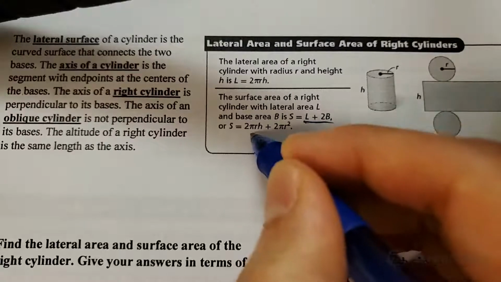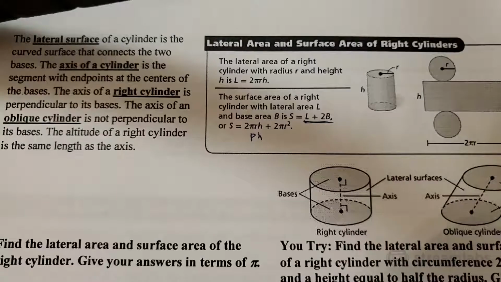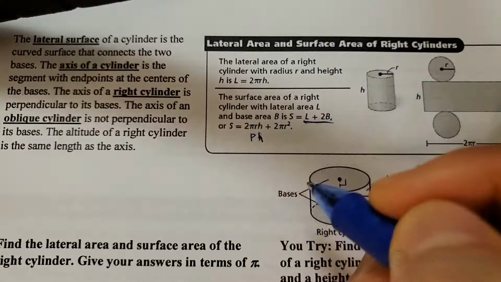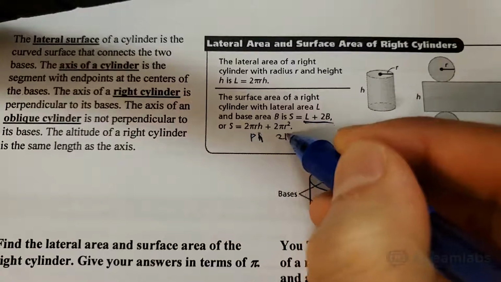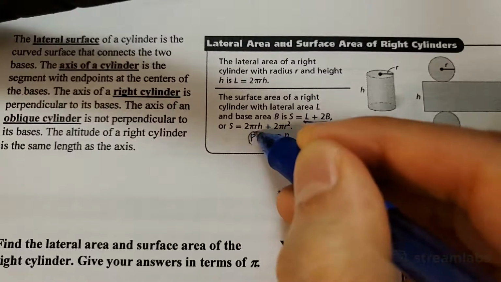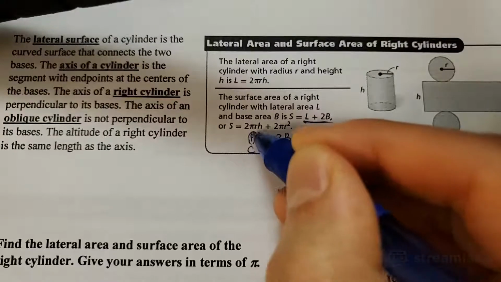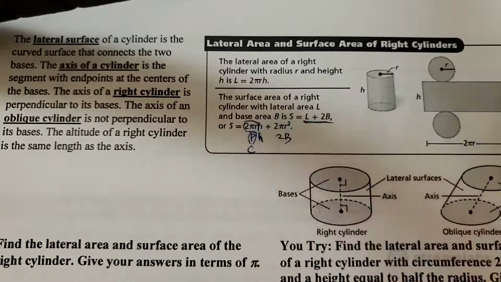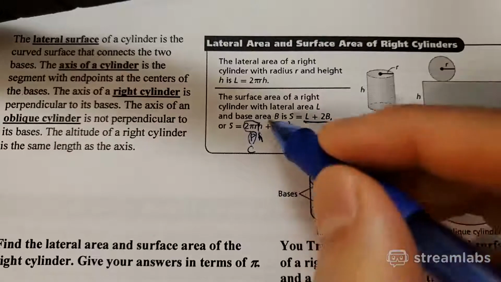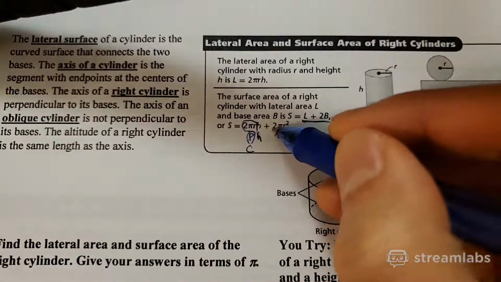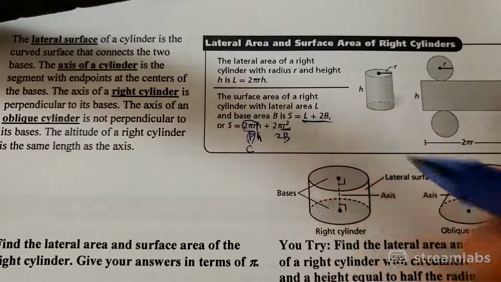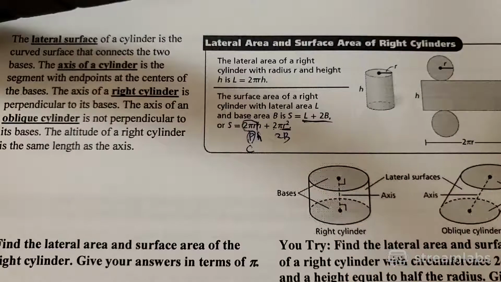Remember, you get perimeter times height for lateral, and 2 bases. Perimeter in a circle is circumference, right? Circumference is 2 pi r. So it's the same thing, 2 pi r times height. And your 2 bases are circles, so pi r squared. Okay, so that shouldn't be too much different.